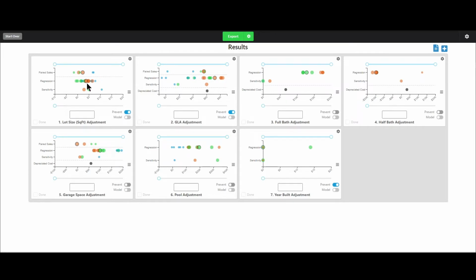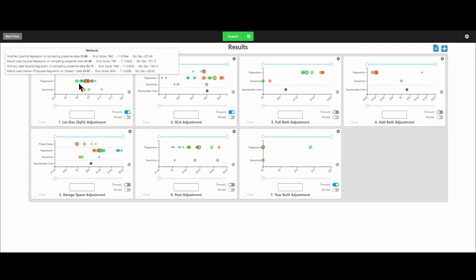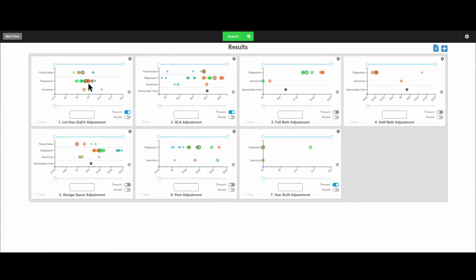Now, a couple things. One, that does not mean that you should place more weight on that. That does not mean that you should only look at dots that are bigger. It's just another tool to help you determine where you want to place weight. For example, in half-bath adjustment here, the larger dots have the lower error score, which is better, but those are also in the negative $15,000 range, and even the best score is at negative $14,000.